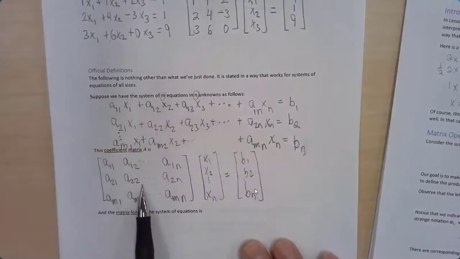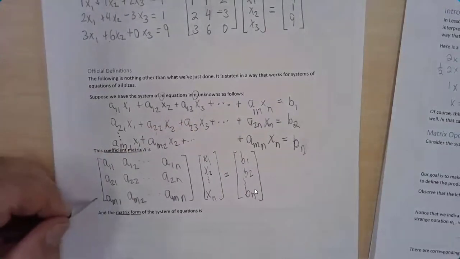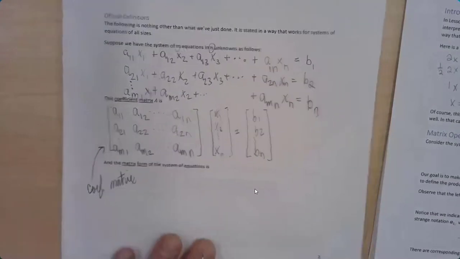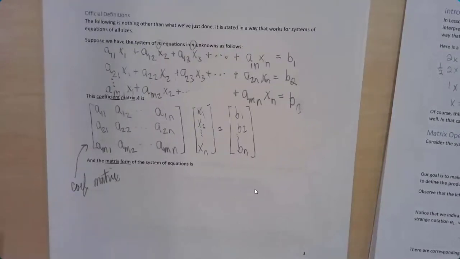And I did it that way because I didn't want to copy all that again. This right here is the coefficient matrix. And that whole equation is the matrix form of the system of equations.